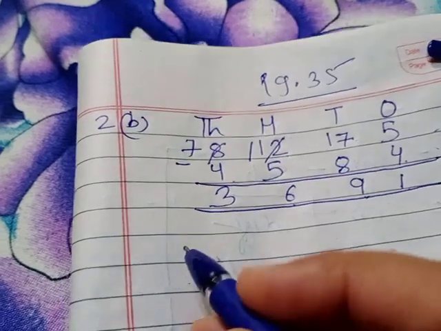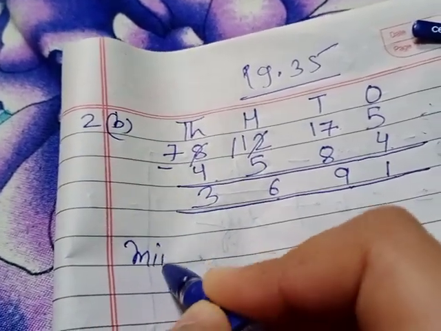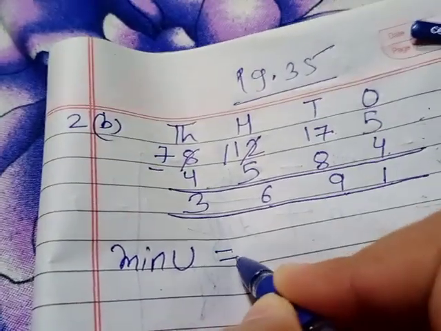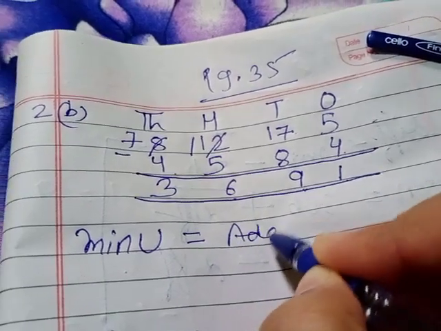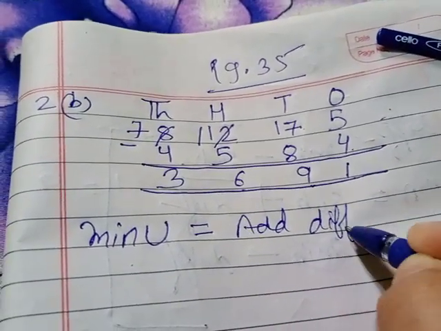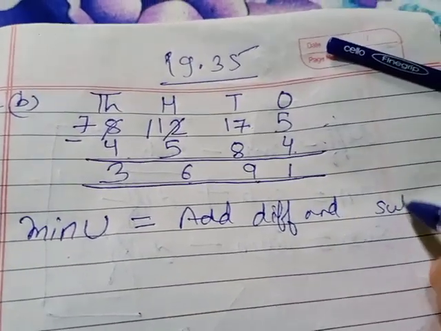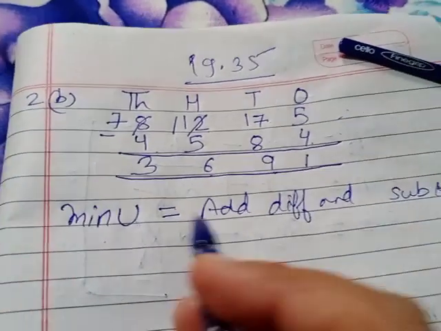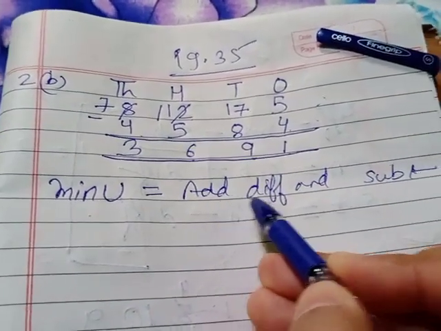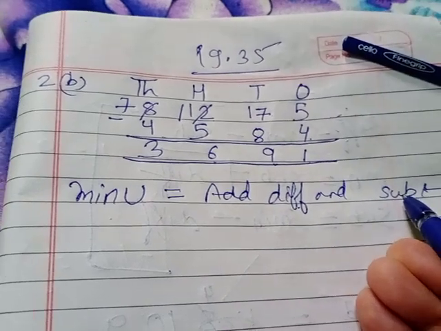And the rule says whenever we have to find the minuend, we will add the difference and subtractand. Just keep in mind this thing. Minuend we have to find, add the difference and subtractand.